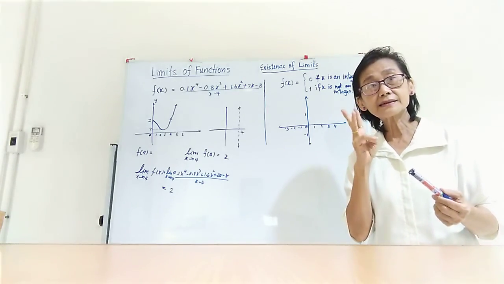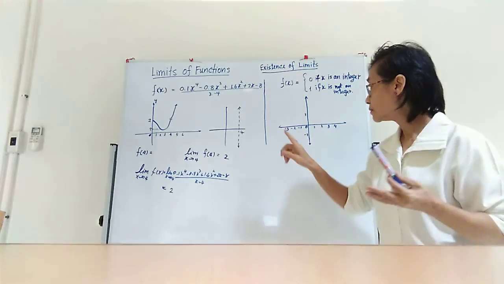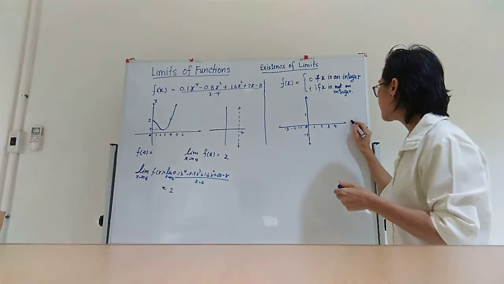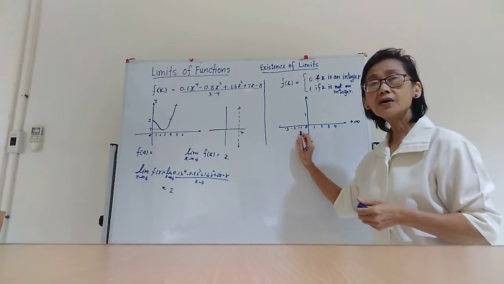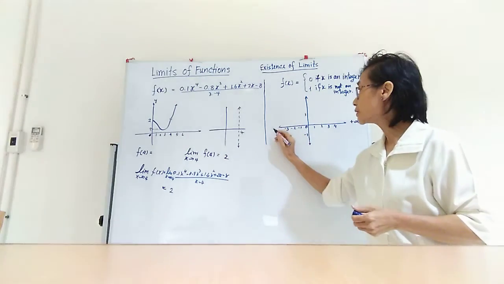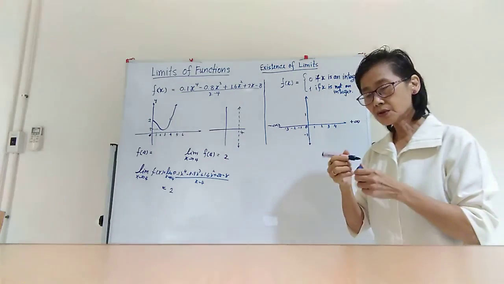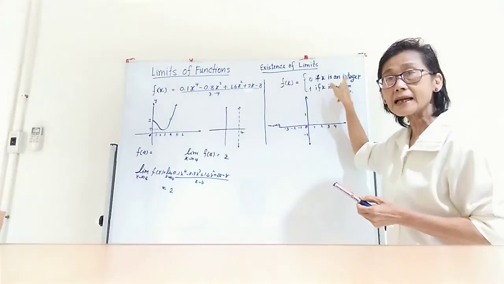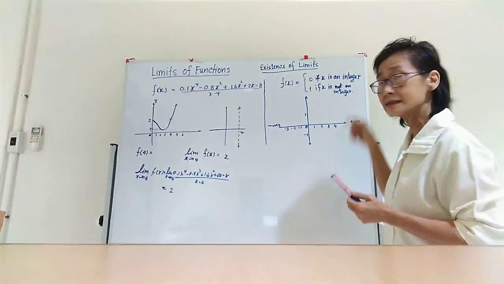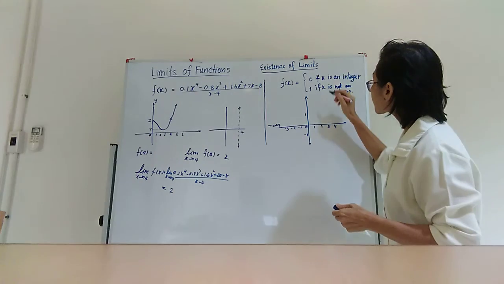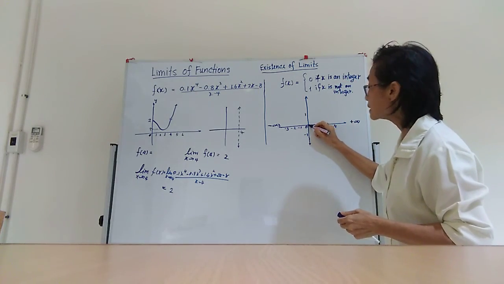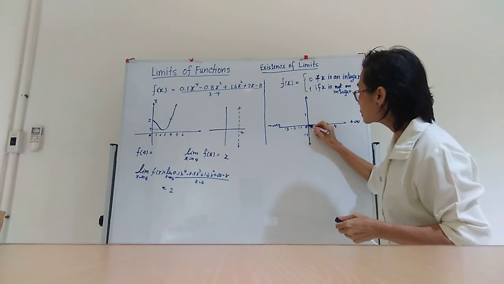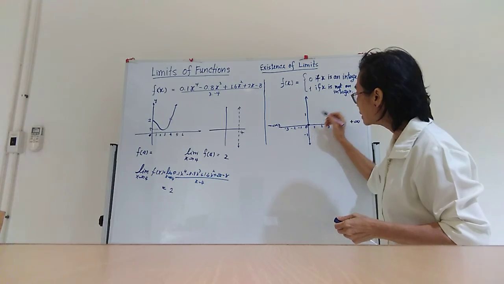Integers have 3 kinds, right? 0, 1, 2, 3, going on to positive infinity, or -1, -2, -3 to negative infinity.